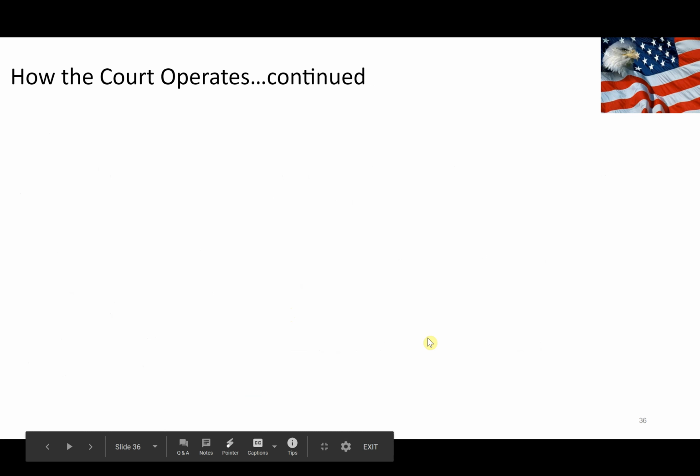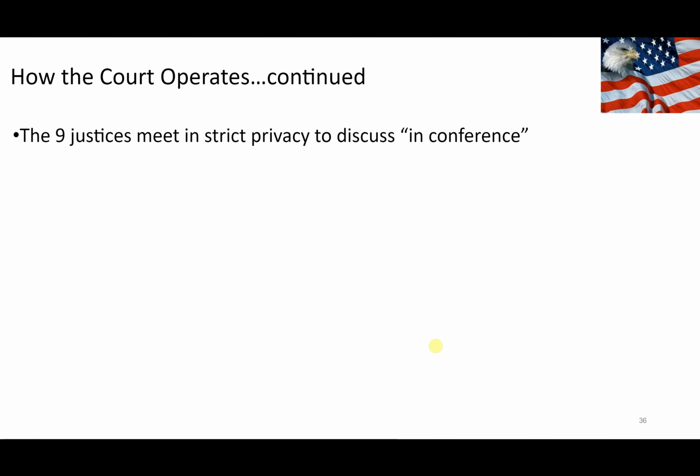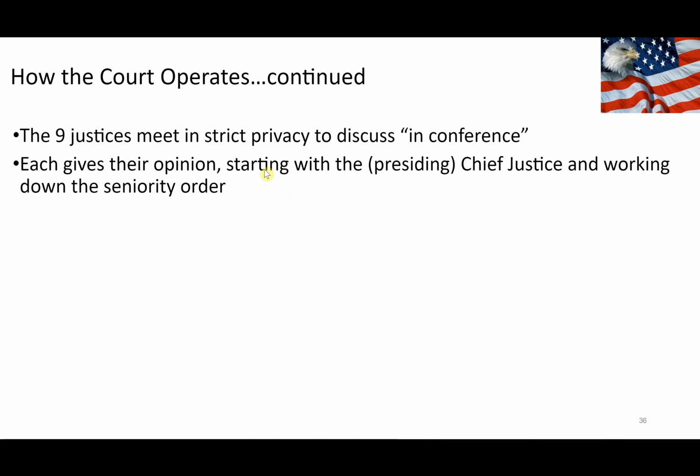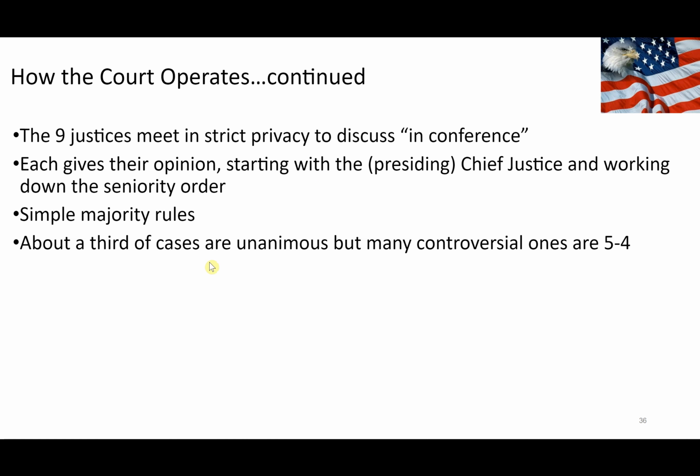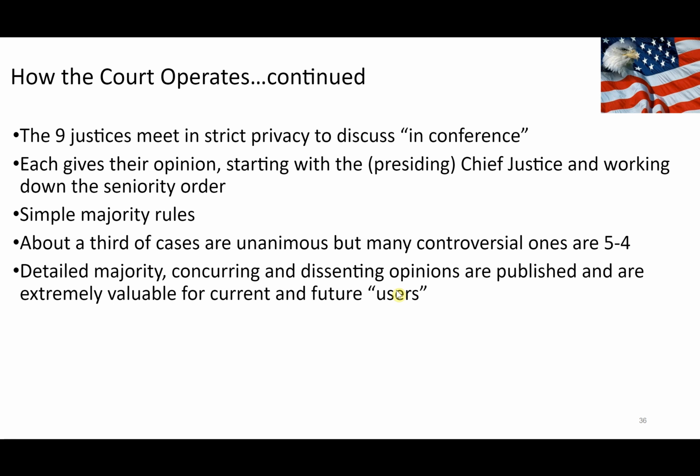The 9 justices meet in strict privacy to discuss in conference. Each gives their opinion, starting with the presiding chief justice and working down the seniority order. They decide based on simple majority rules. Almost a third of cases are unanimous, but many controversial ones are 5-4. Detailed opinions, which are majority opinions, concurring opinions, and dissenting opinions, are published and are extremely valuable for current and future users.